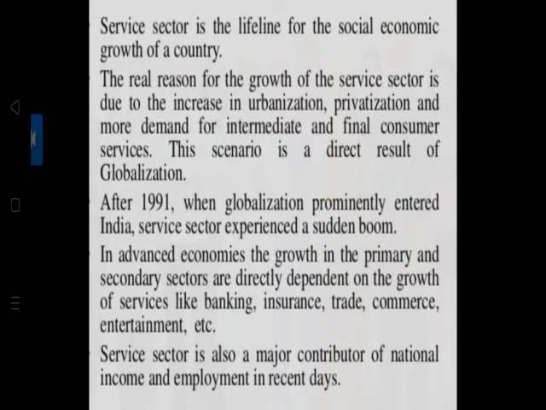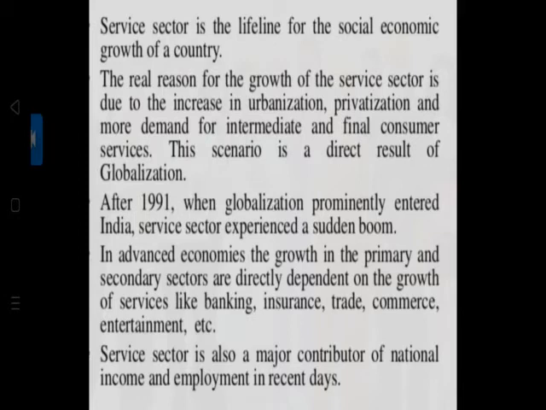So there was a lot of development happening after 1991 as globalization took center stage. You can say there was a boom in the service sector industry. In advanced economies, the growth in the primary and the secondary sectors are directly dependent on the growth of services like banking, insurance, trade, commerce, entertainment.